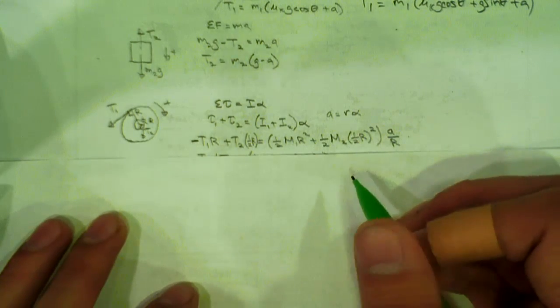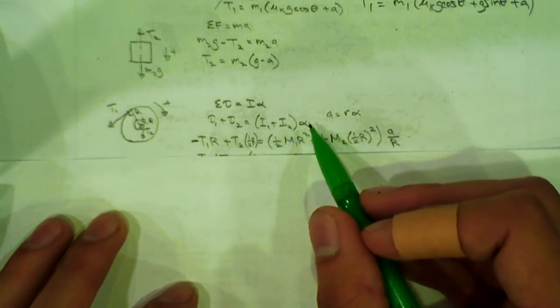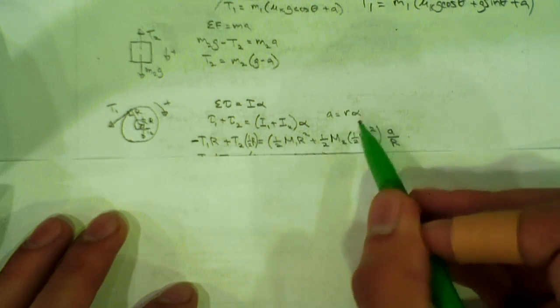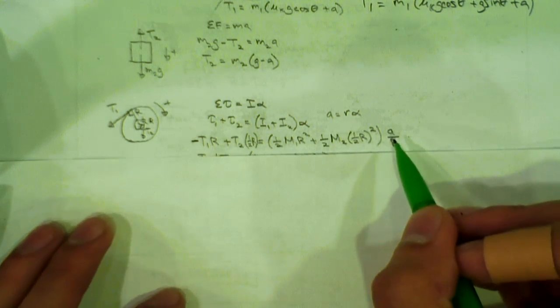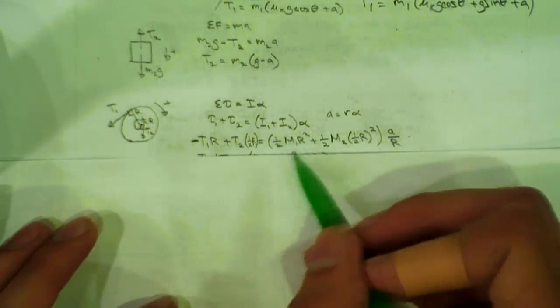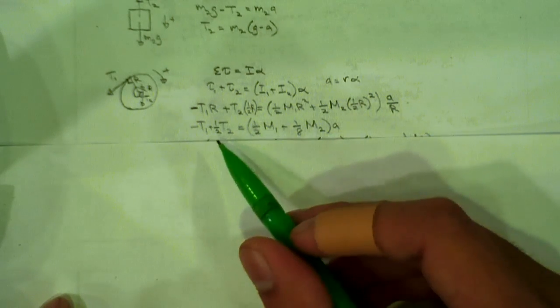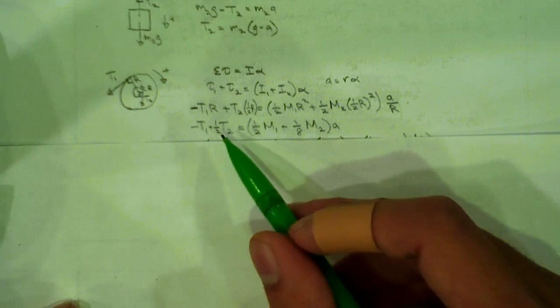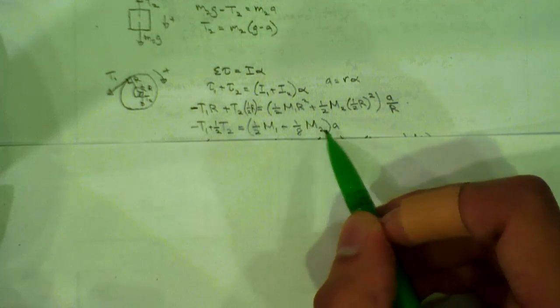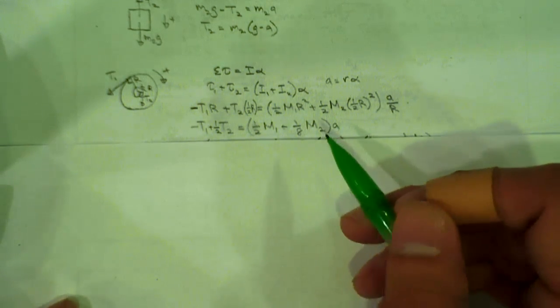All right? And then similar to the last one, we don't care about angular acceleration because we don't know it. We'll use this equation to substitute linear acceleration. All right? And now when we do that, a lot of the r's cancel out. And we'll be left with this equation. So we have the two forces over here, and then the different masses, and then the linear acceleration.